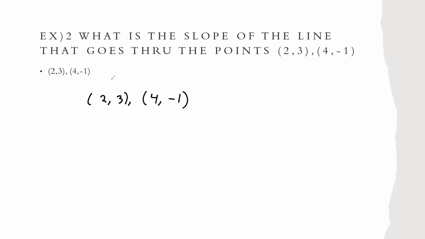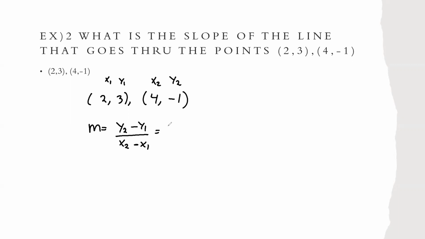I'm going to label the first point x1, y1, and label the second point x2, y2. If you recall, the formula for slope is y2 minus y1 over x2 minus x1, right? That's why I labeled these, because it can be very confusing if you don't.